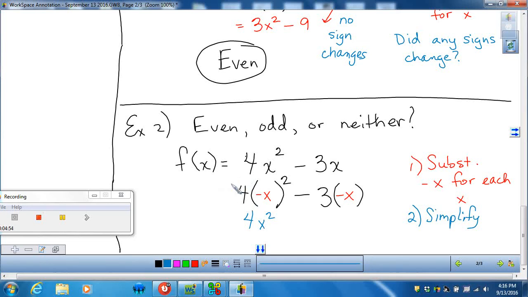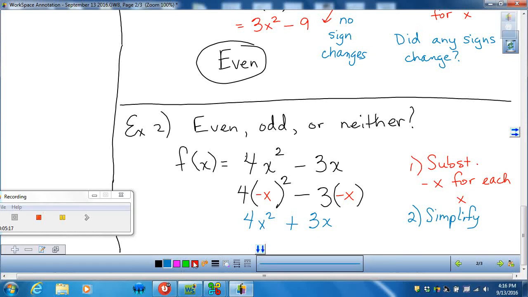By the way, the 4 does not get squared. The 4 is not inside the parentheses, so the 4 stays 4. So we got 4x squared. Over here I have a minus 3 times a negative x. A negative times a negative becomes a positive, and that's a positive 3x.